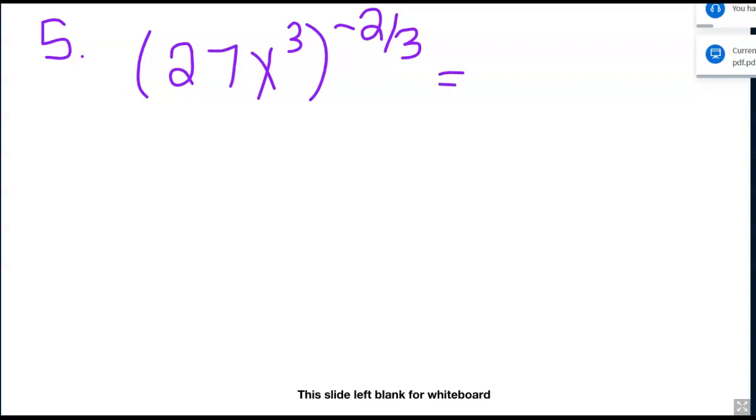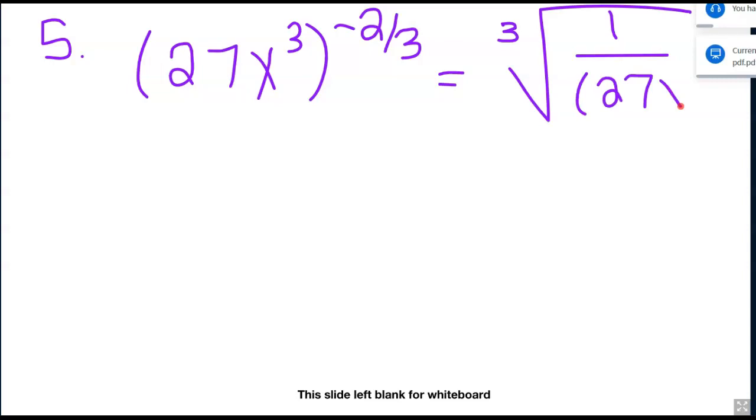This is the same as the cube root. A negative flips it, so you get 1 over 27 x cubed squared. But what's another way I could write that?